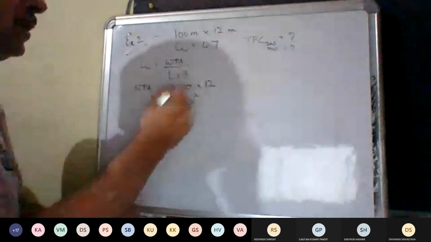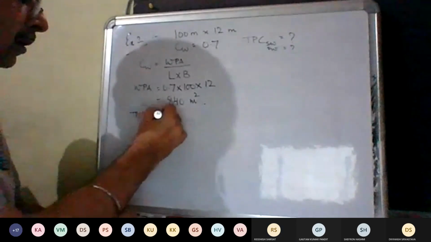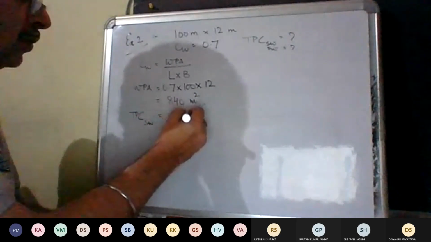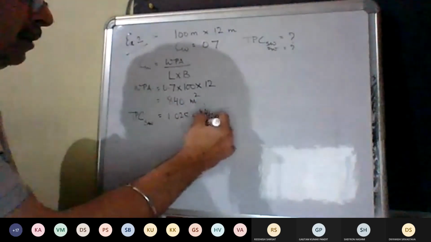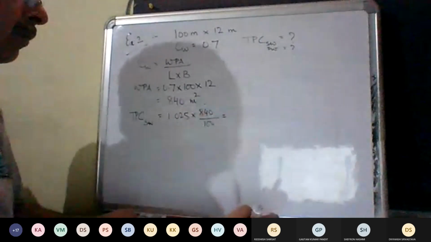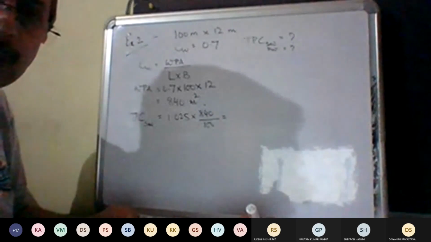So now I want TPC salt water, which is equal to density of salt water 1.025 into water plane area divided by 100. This will give me TPC salt water.